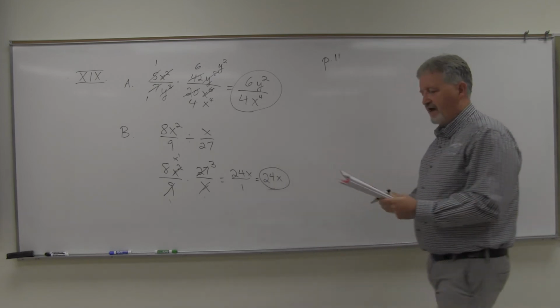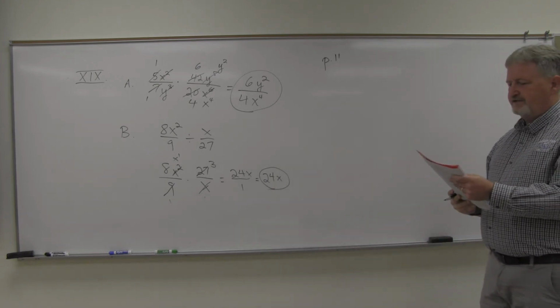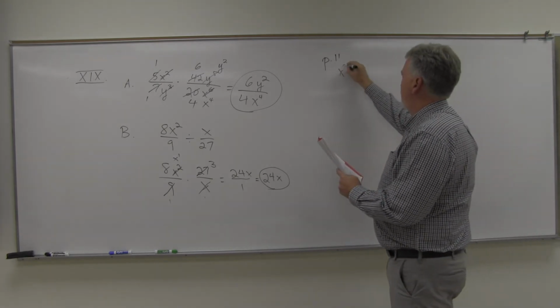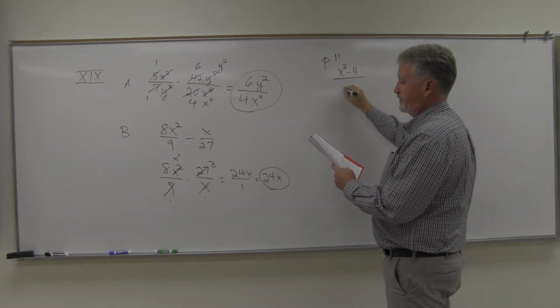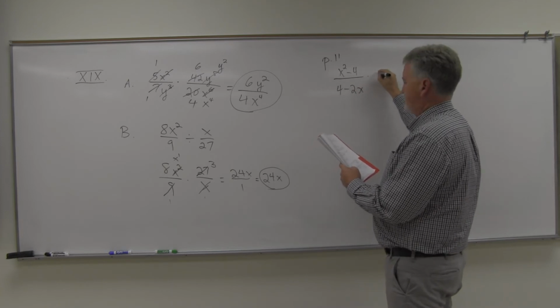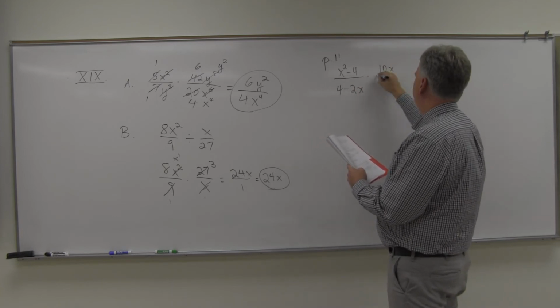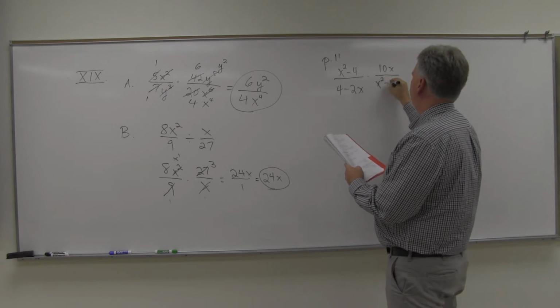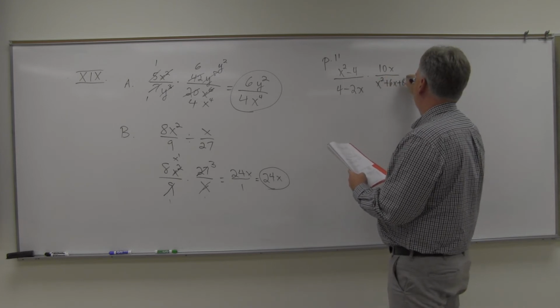All right, so now the example, top of page 11. We have x squared minus 4 over 4 minus 2x times 10x over x squared plus 6x plus 8.